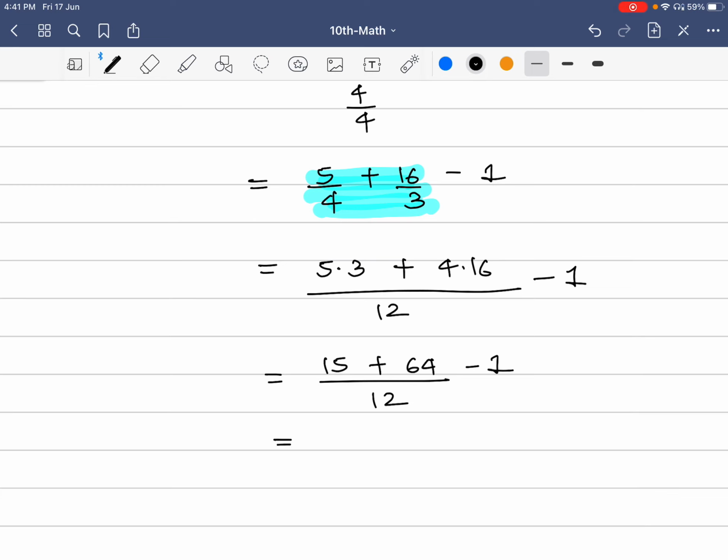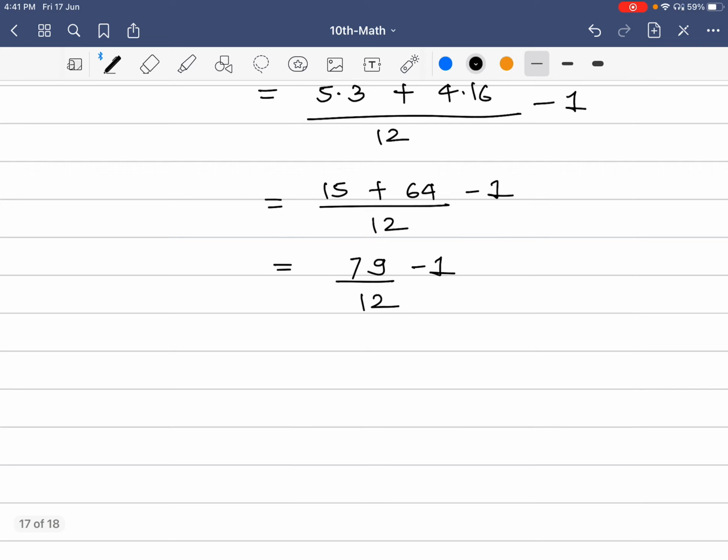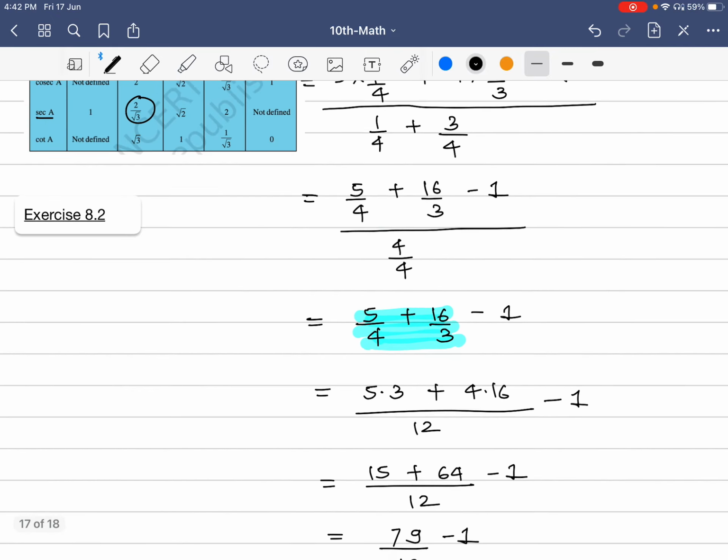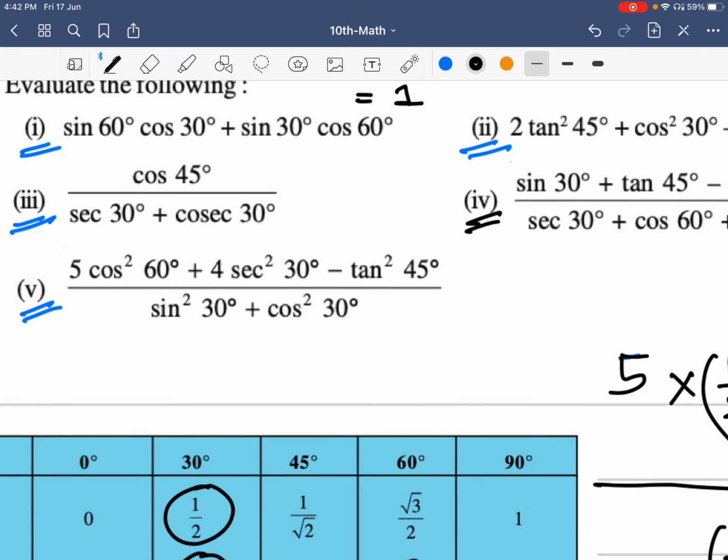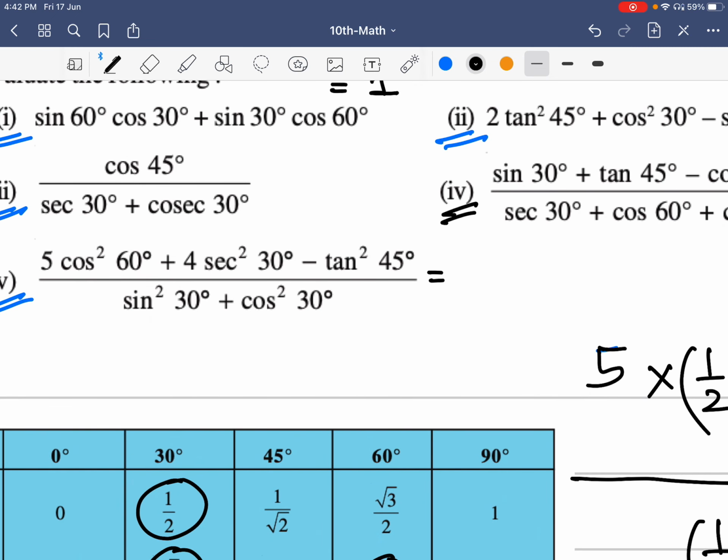That is equal to 15 plus 64 is 79, by 12 minus 1. And that is equal to 79 minus 12 the whole divided by 12, and that is equal to 67 by 12. So 67 by 12 is the value of the fifth expression.